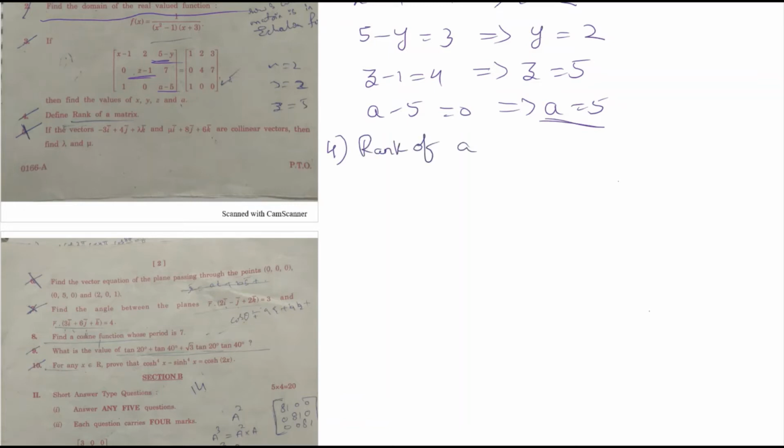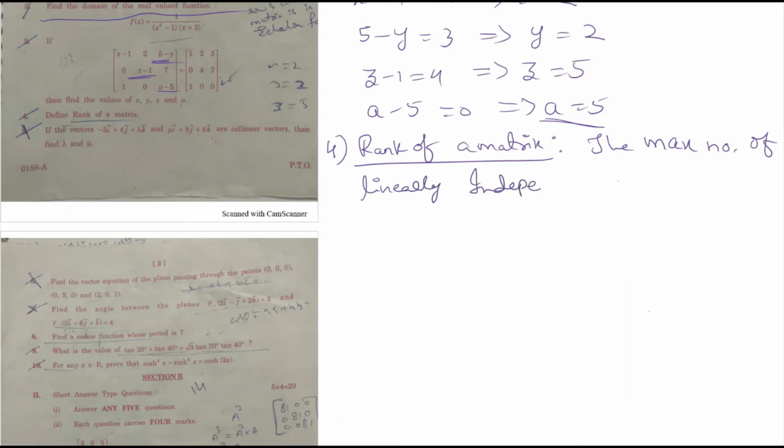It is defined as the maximum number of linearly independent row or column vectors in a matrix. So this is called the rank of a matrix.